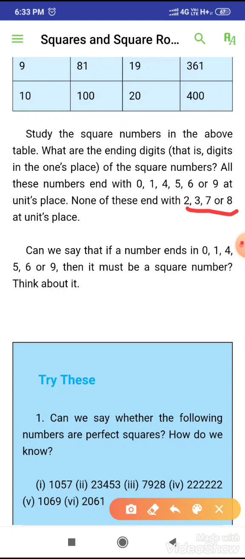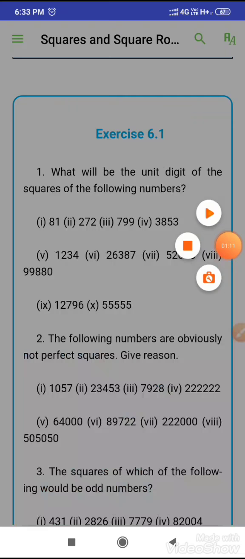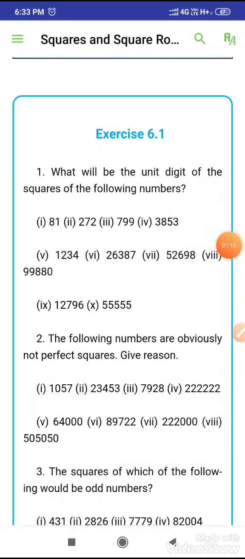Or if a number has an odd number of zeros at the end, then this number is also not a perfect square number.